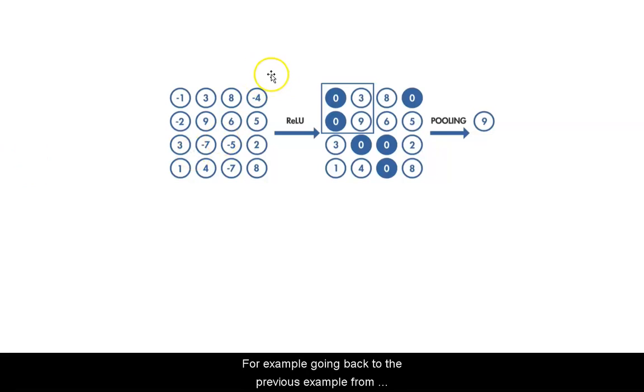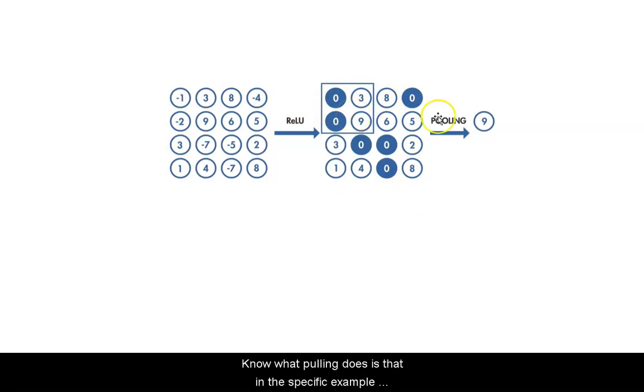For example, going back to the previous example from before, imagine this is one of the outputs from a neuron of a CNN, and I have performed a ReLU, and this is what my output now looks like.